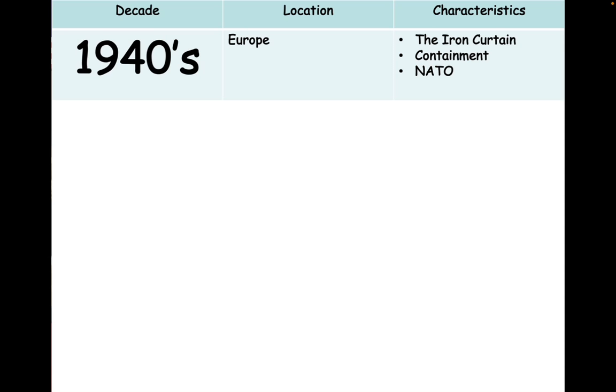So in the 40s, the main location was in Europe. And what you see is the post-war world decisions where one side allowed the self-determination and these nations became democratic and capitalist, where the other side in Eastern Europe spread communism.